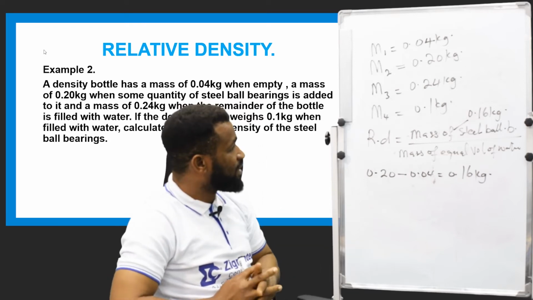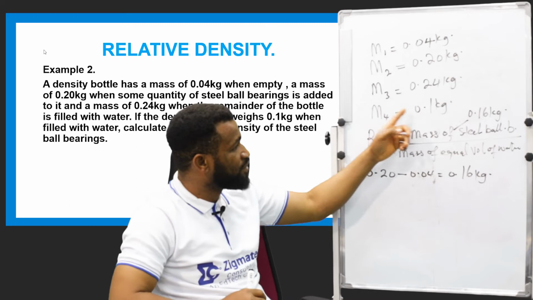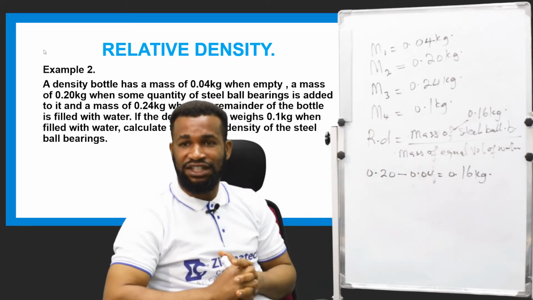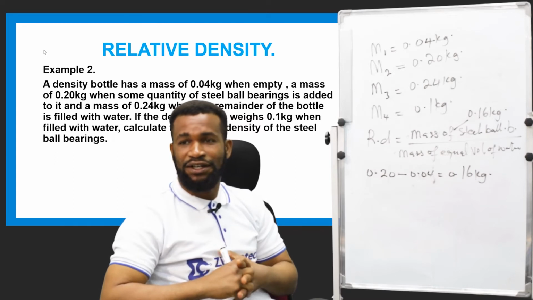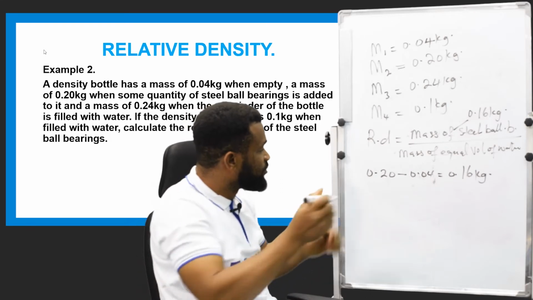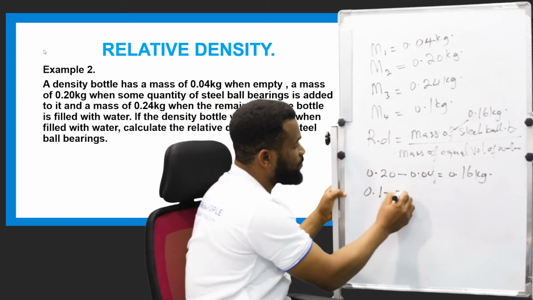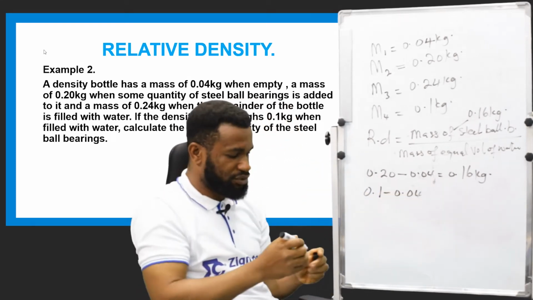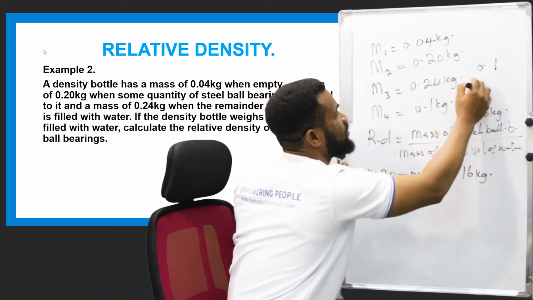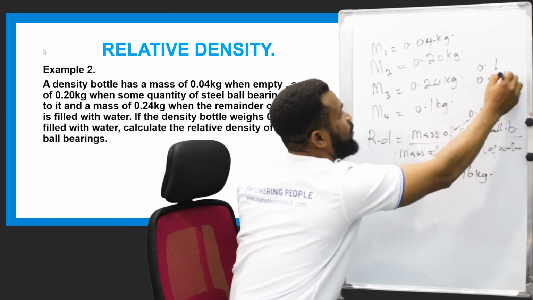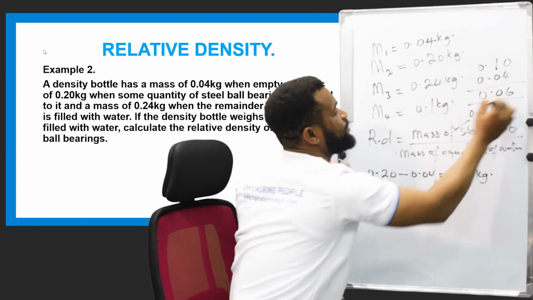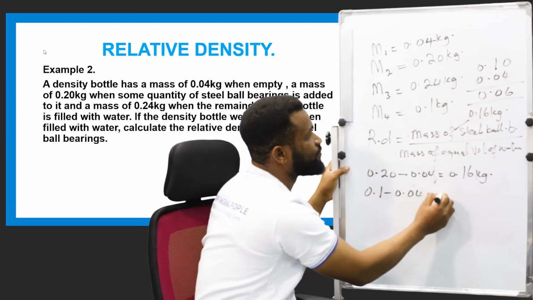And how to achieve that is with M4, 0.1, from which we subtract the mass of the bottle when it is empty. So it's going to be 0.1 minus 0.04.